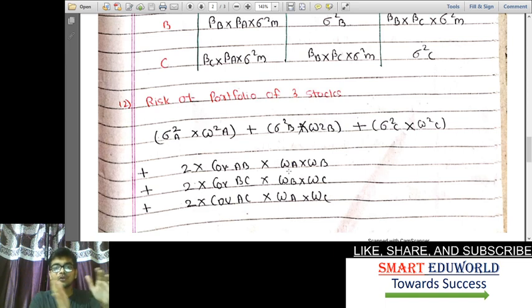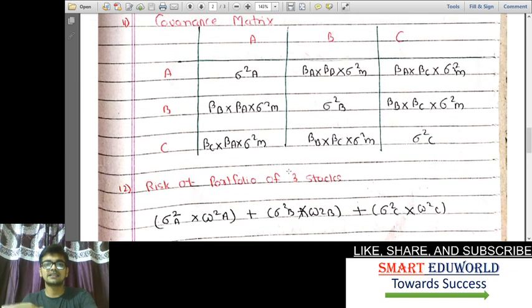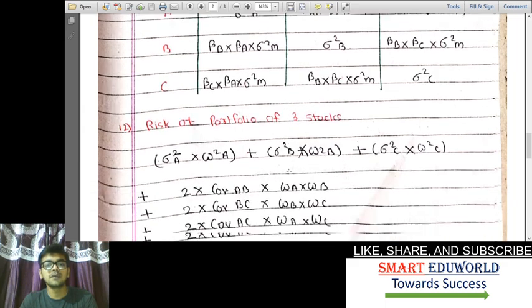So 2 into covariance AB into weight A into weight B, 2 into covariance BC into weight B into weight C, 2 into covariance AC into weight A into weight C. So this is the formula. You can write out this diagram, it will be beneficial for you.